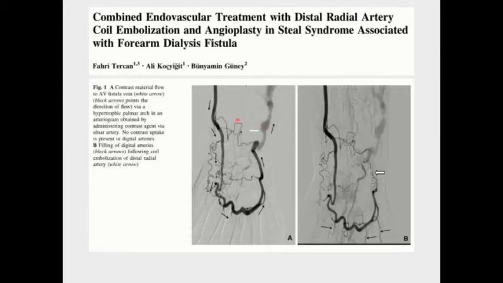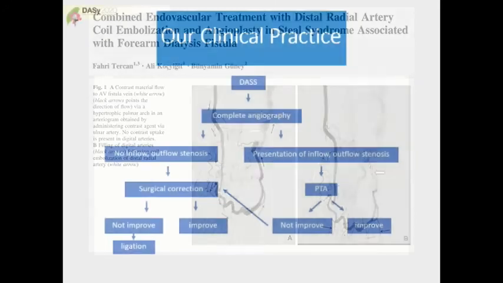Look at this slide: in the left picture, you can see minimal blood flow to the fingers before embolization of the distal radial artery compared with the right picture. After embolization of the radial artery, you can see improved blood flow to the fingers.